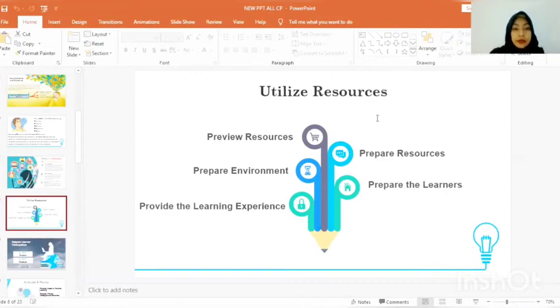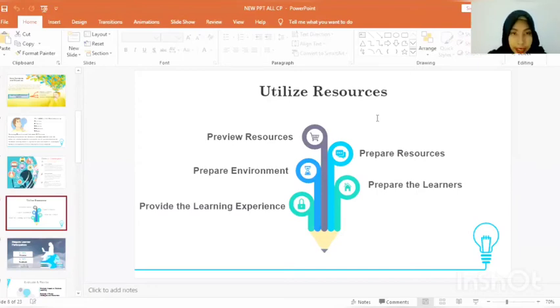In preview resources, at this stage, you need to preview the selected technology and media resources in relation to the learning objectives. For prepare resources, you need to prepare the resources that will support your instructional activity.